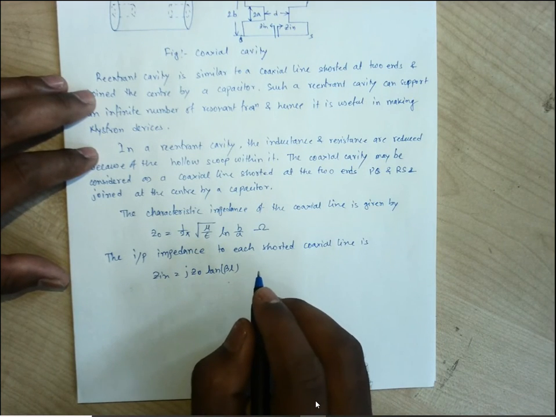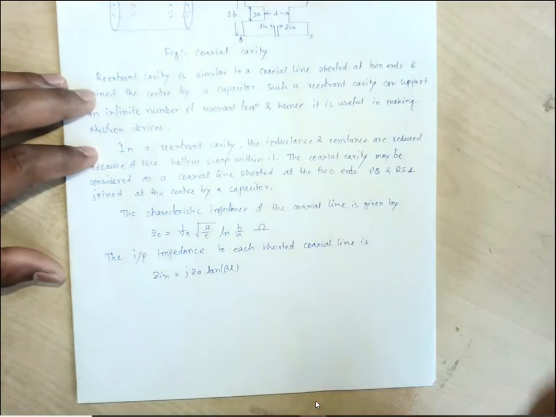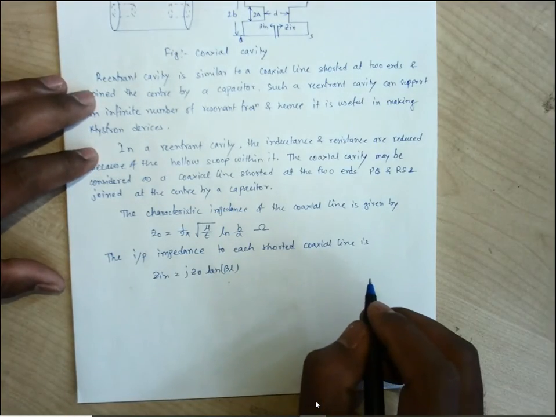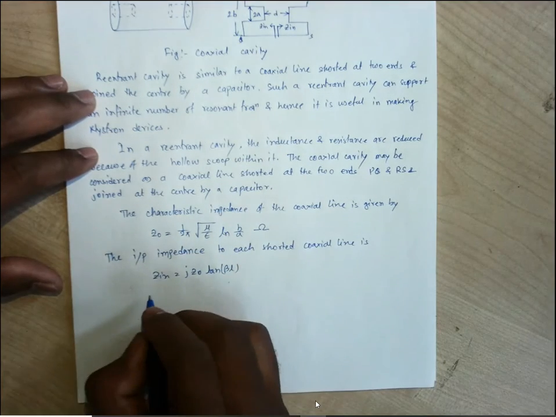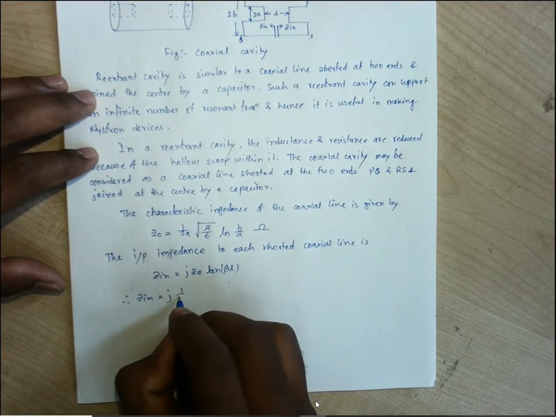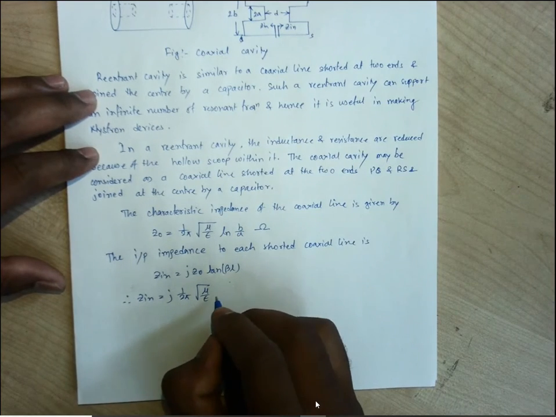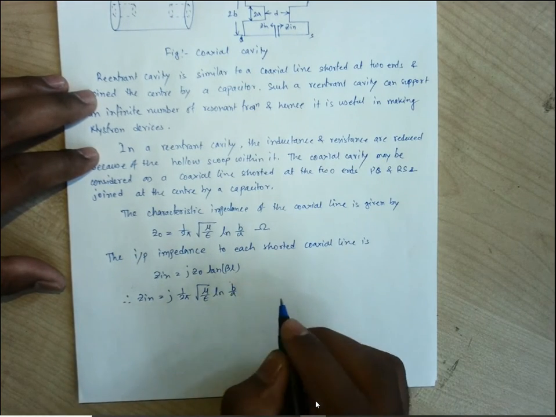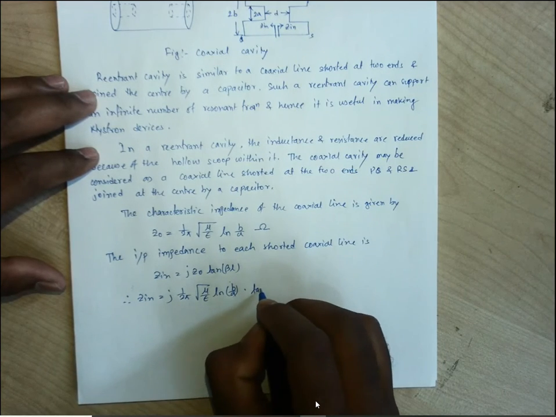L is the length of each of the coaxial line. So if we use this Z0 over here, this Z in will be j 1 by 2 pi root over mu by epsilon ln b by a into tan beta L.